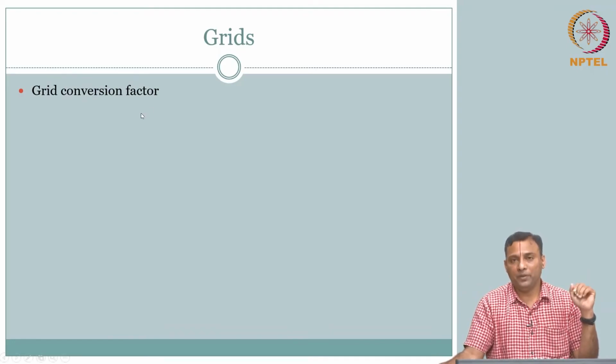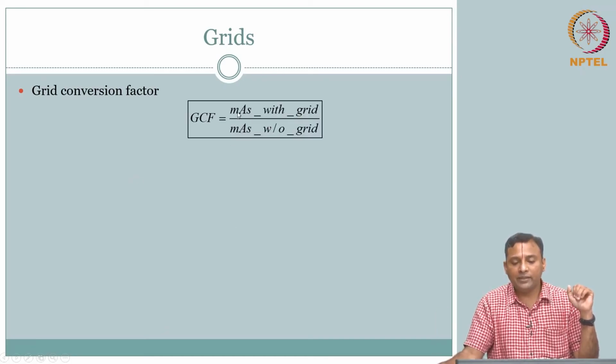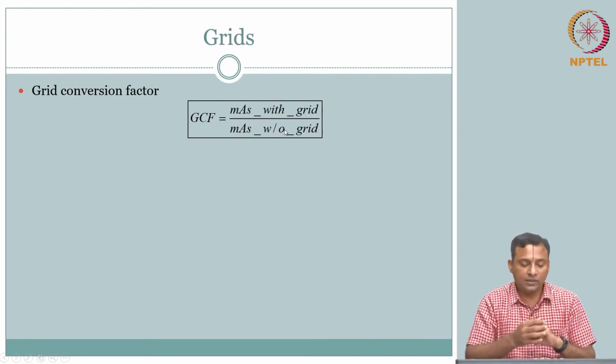What do we do? We have what is called the grid conversion factor. What is the grid conversion factor? It is the mAs. What is mAs? Current into time: mA, milliamperes, tube current, into s, your time. That has to do with our exposure. So, it is exposure with grid to exposure without grid. What does this convey?